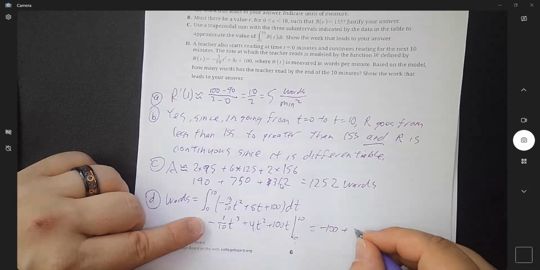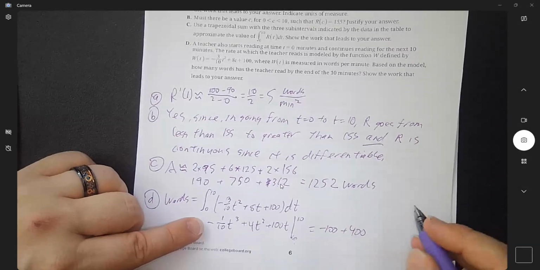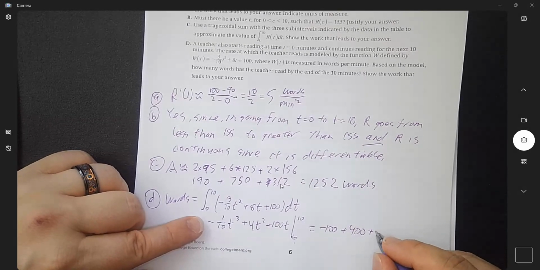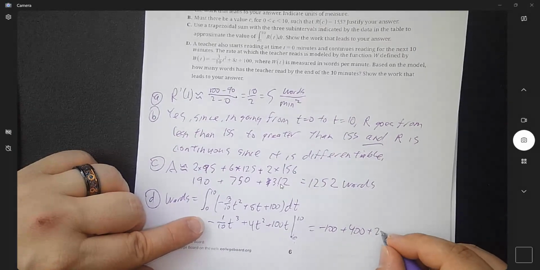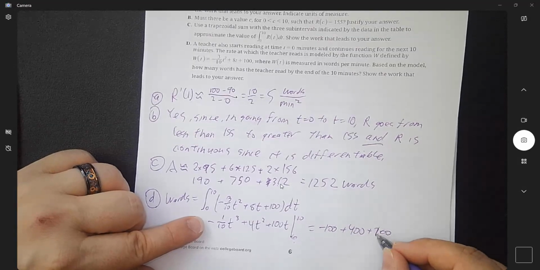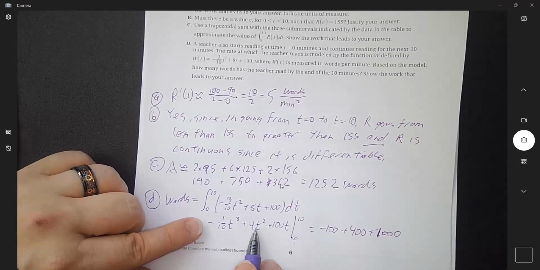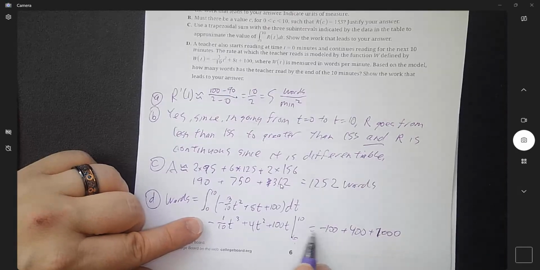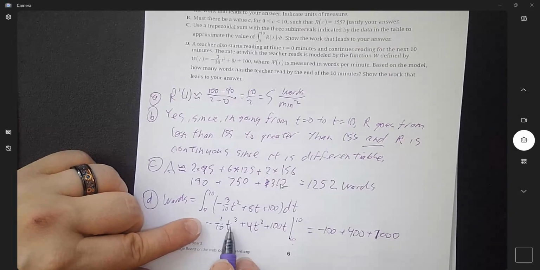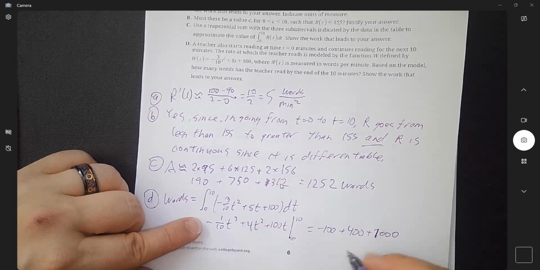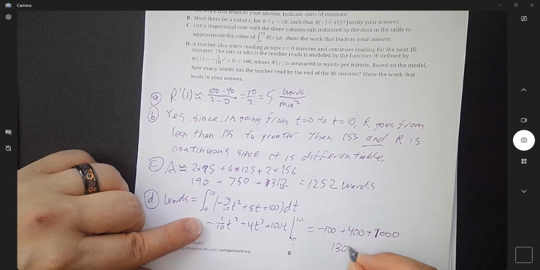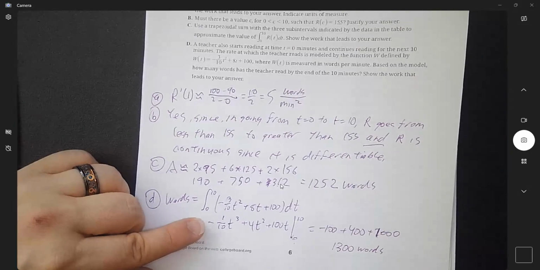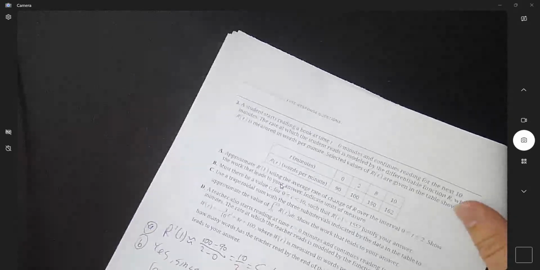And 4 times 1,000, thank you for this being just such pretty numbers. I'm so happy about that. Pretty numbers make me happy. So that's 400, 1,000, and negative 100. I'm just double checking. I'm not using my calculator, so I'm really hoping I'm doing this right. 1,300 words. So she reads about as well as this kid does. And she's a teacher.